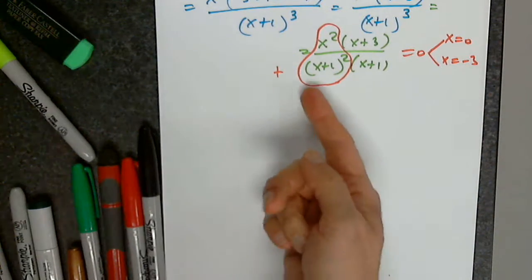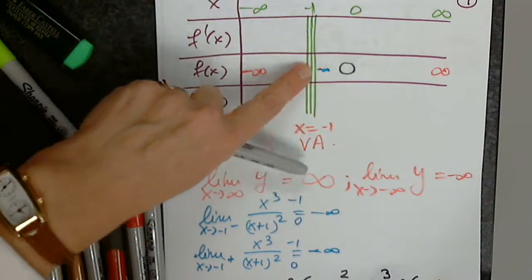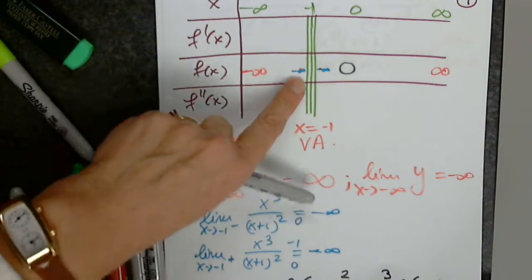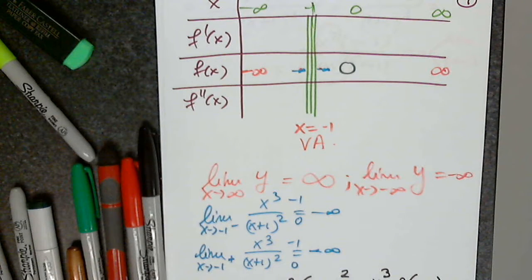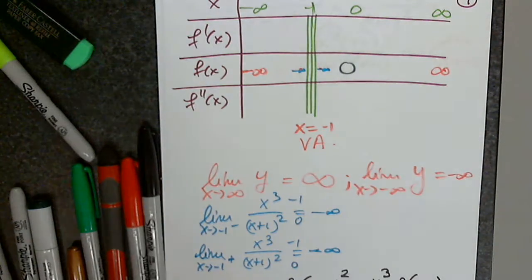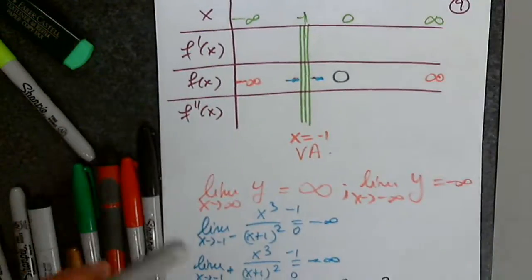But f prime is undefined at -1, but so is the function. So that cannot be a critical number. A critical number has to make the derivative undefined, but the function exists. But the function doesn't exist at -1. So -1 cannot be a critical number. So I will have to put 0 and -3.